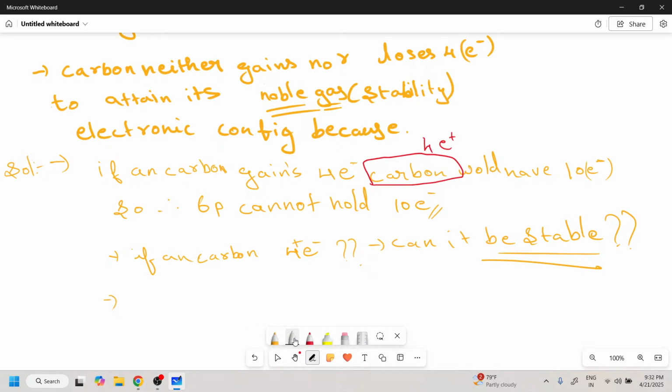Okay, if a carbon loses 4 electrons, can it be stable? Never. If carbon loses 4 electrons, leaving only 2, it will have only 2 electrons.